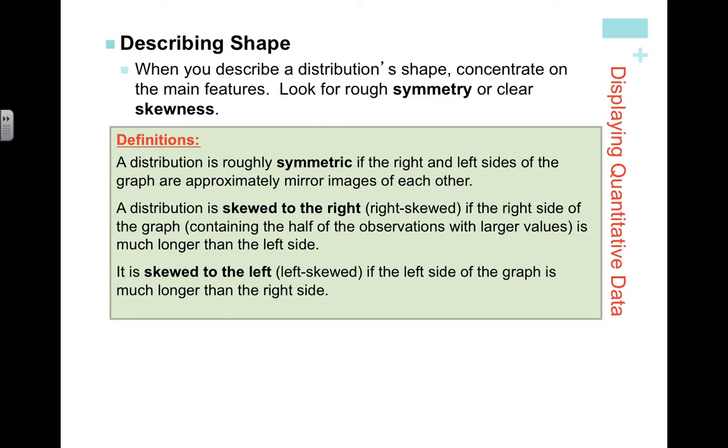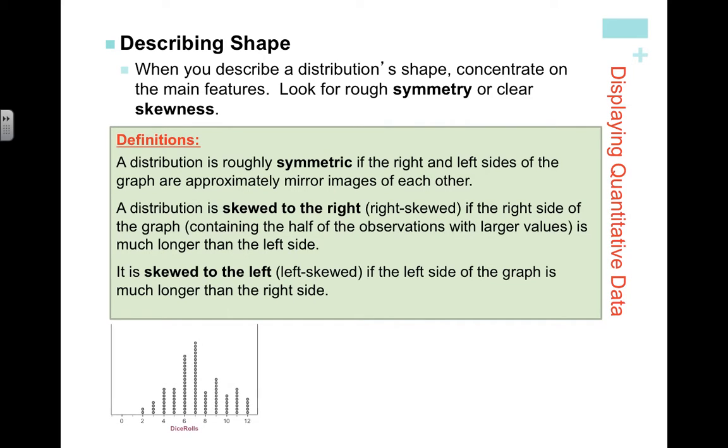A distribution would be skewed to the right, or right skewed, if the right side of the graph, containing the half of the observations with larger values, is much longer than the left side. It is skewed to the left, or left skewed, if the left side of the graph is much longer than the right side.